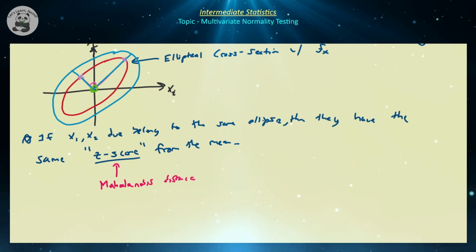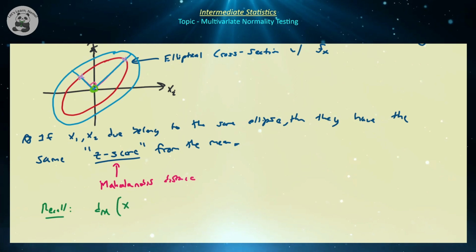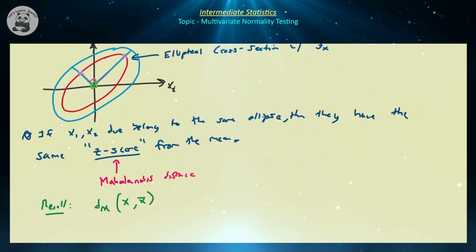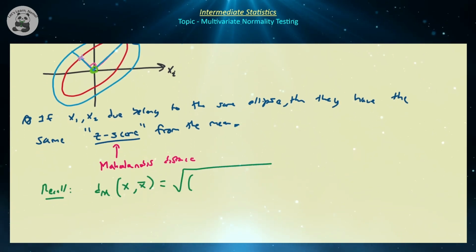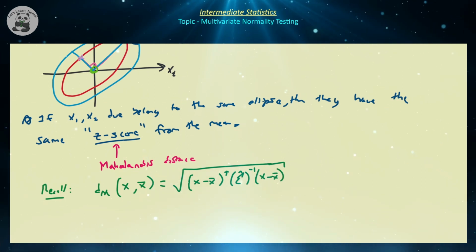Now, if that is the case, then what do we have? Recall the Mahalanobis distance between a random vector x and the mean vector x bar is going to be equal to the square root of (x minus x bar) transpose times the inverse of the associated covariance matrix, times (x minus x bar).